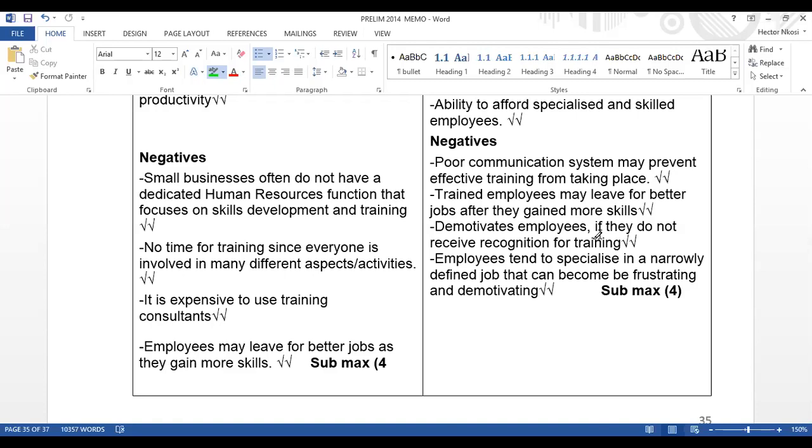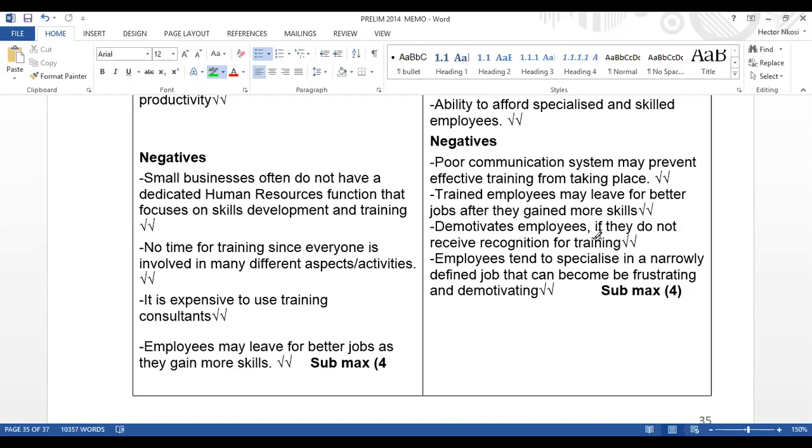Sometimes you might find that the top management knows, but the person after the top management did not perform his or her duty to notify everyone. That can be seen as a disadvantage of skills development under large businesses.